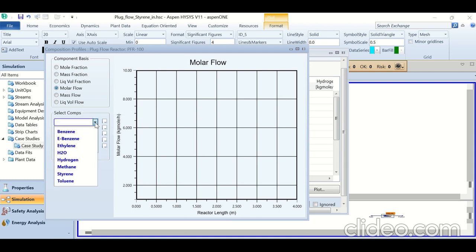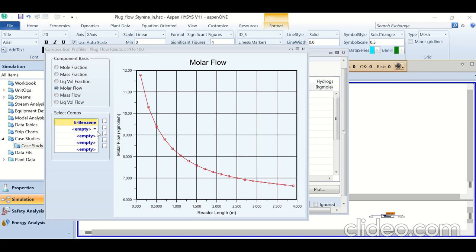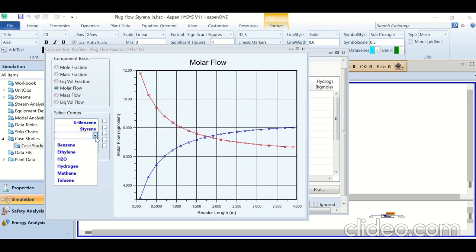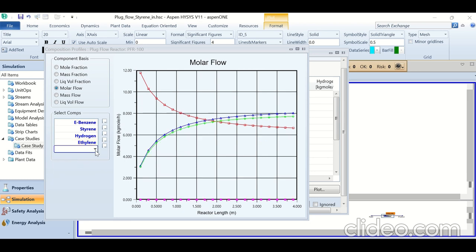Here select the component. I'm selecting ethyl benzene, then styrene, and then hydrogen, and ethylene, and benzene. So this is the molar flow rate of the ethyl benzene.